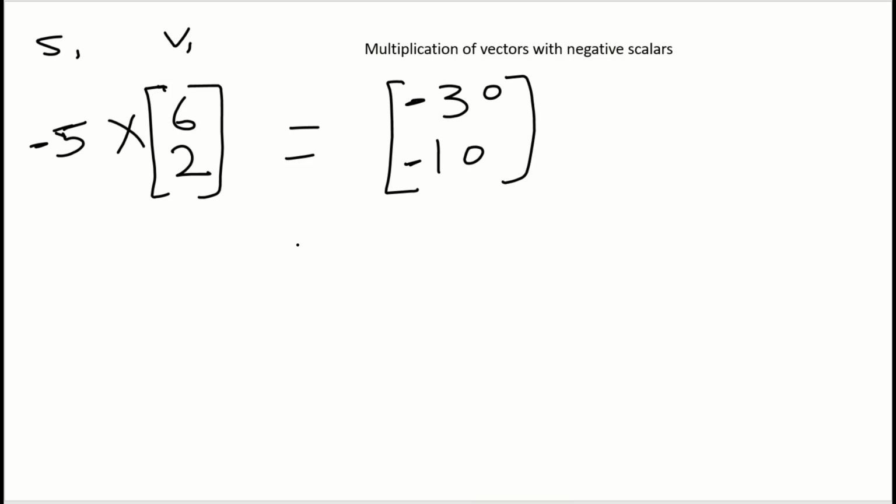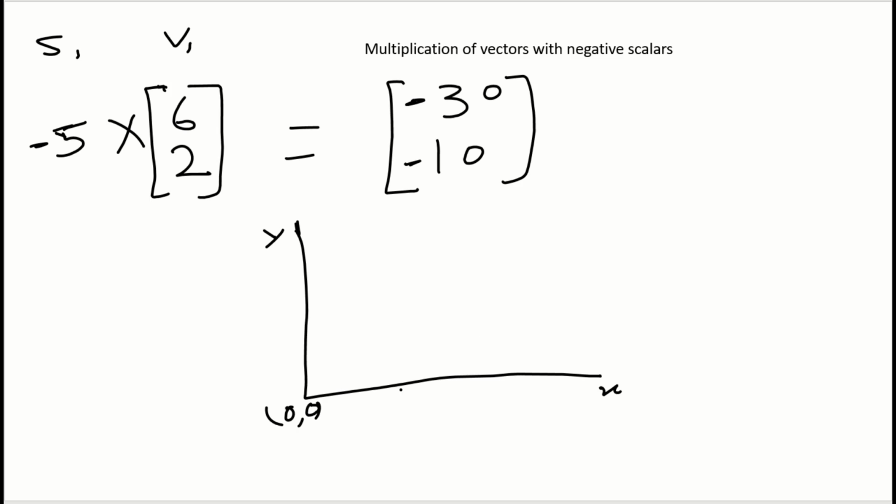Now if we plot it in a simple x, y plane, this is the origin. Let's say this is the x-axis, this is the y-axis, and let's first plot 6 comma 2.